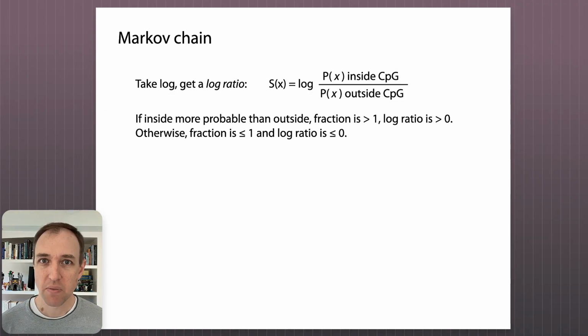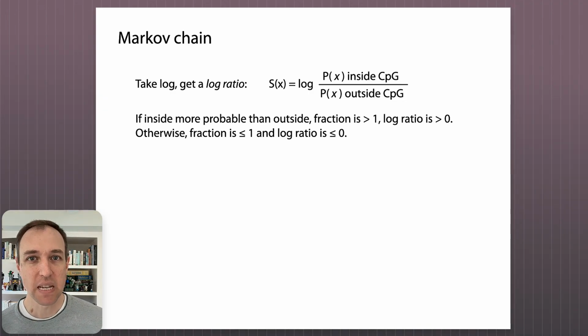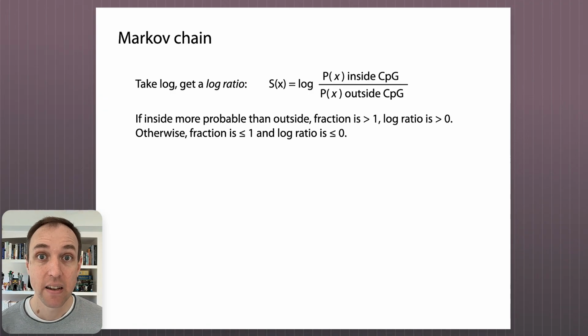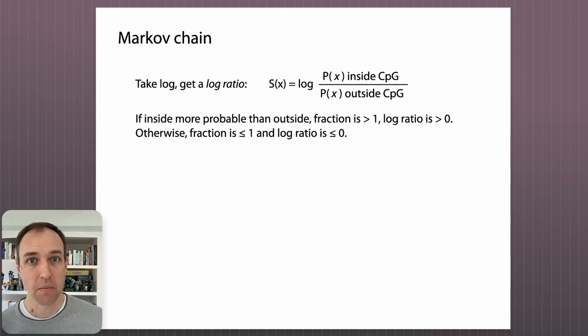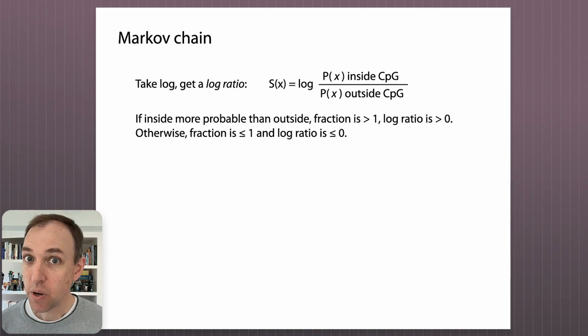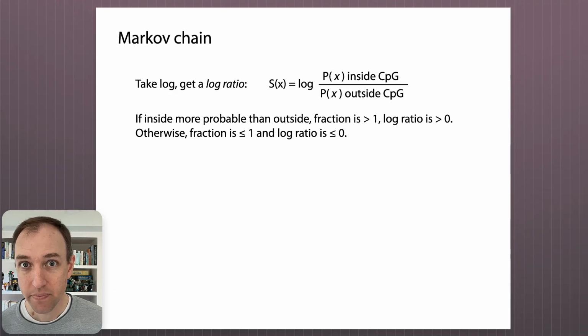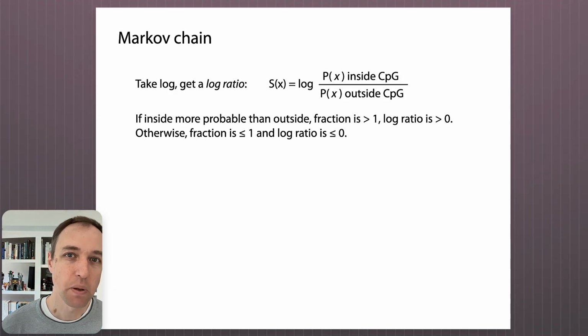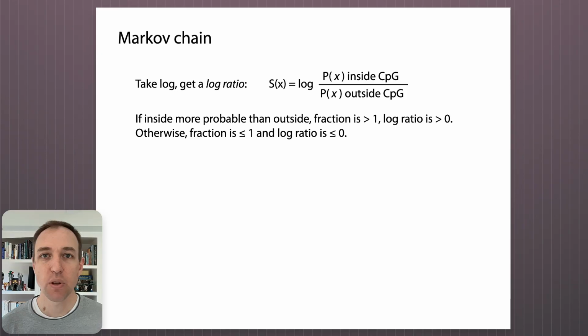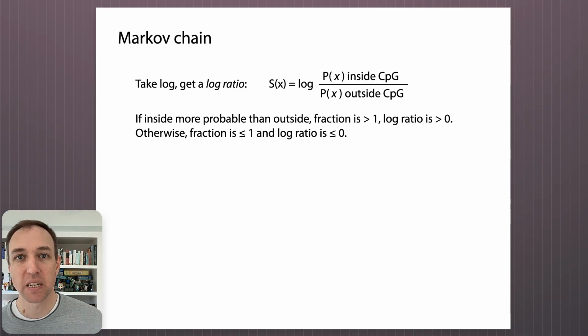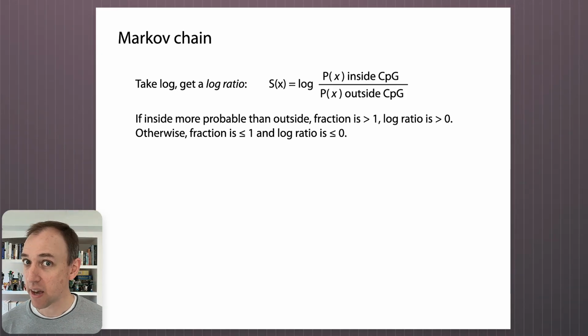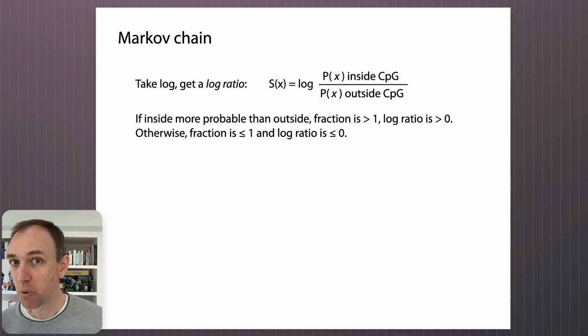So for example, if the probability of x from the inside model is twice as high as the probability using the outside model, then the ratio, forget about log for a moment, the ratio would be 2, and the log ratio would be 1. If we flip it around and say, what if the probability under the outside model was twice as high as the probability under the inside model, the ratio would be 0.5.